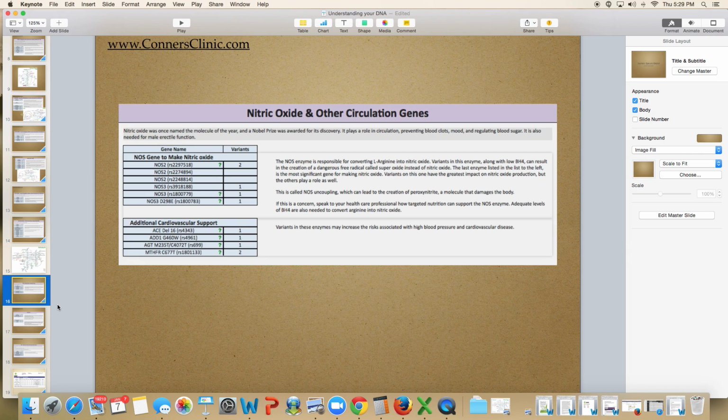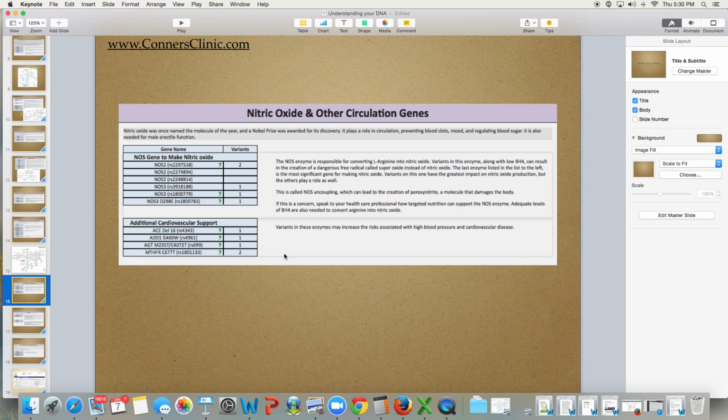And a deficiency in NOS3 or endothelial nitric oxide is a cause of high blood pressure. It leads to cardiovascular disease. You add that to these additional cardiovascular support genes, the ACE gene. This person has a defect in the ACE gene.